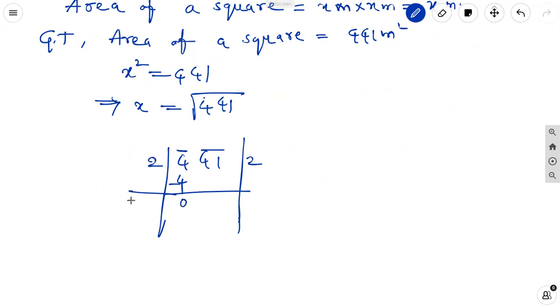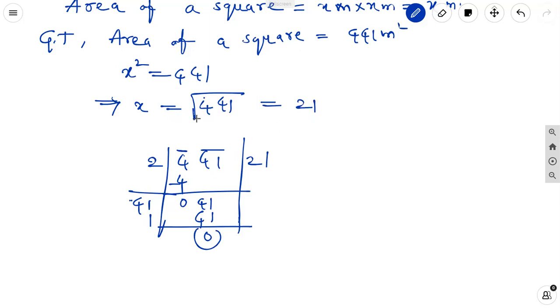Then double the quotient, which is 4, and bring down the pair 41. Clearly 1 ones are suitable, so 1 ones are 1, 1 fours are 4, so 41 ones are 41, and the remainder is 0. So the side of the square is 21.